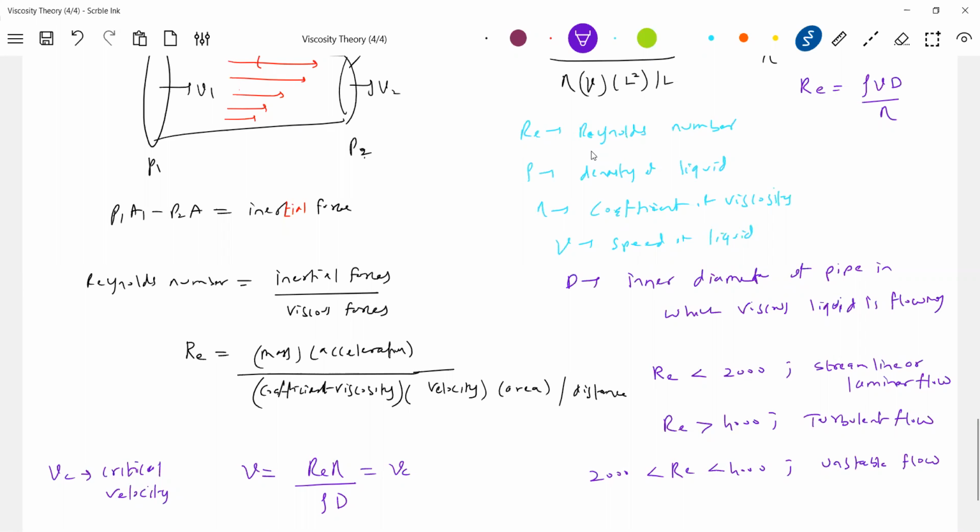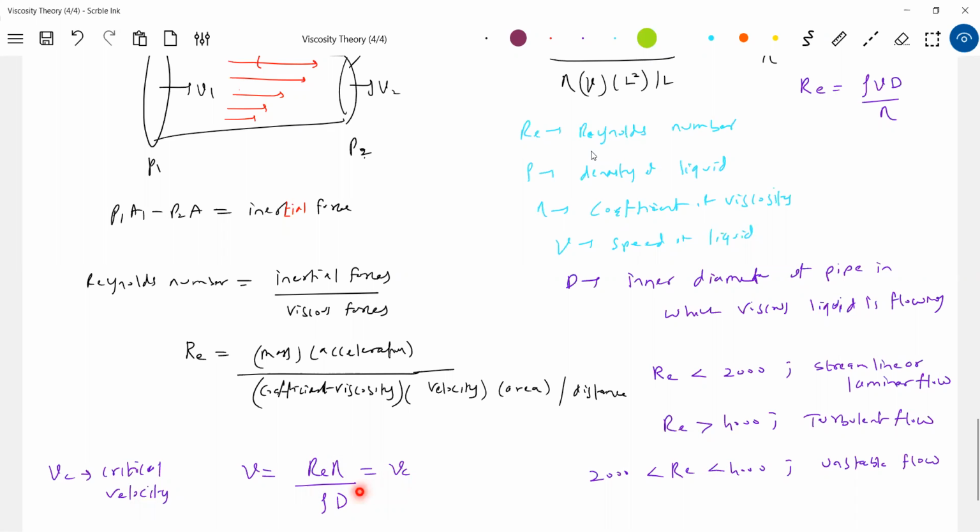Usually for the Reynolds number, let me pick 1,500. I know what type of liquid I'm using, either honey, ghee, coconut oil, or some denser liquid, or water. I know the density of the liquid and the diameter of the pipe through which it is passing. Then I'll get the critical velocity.